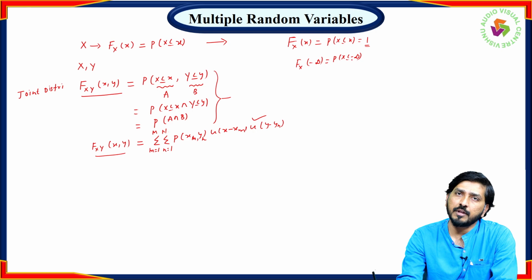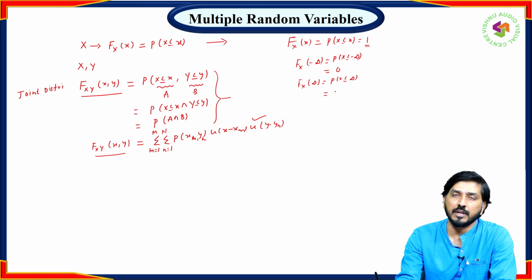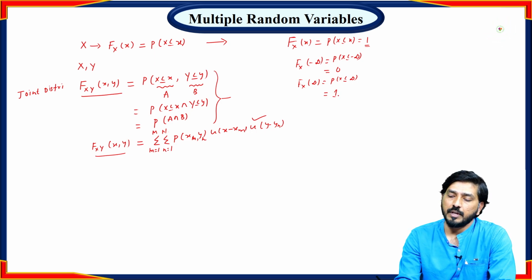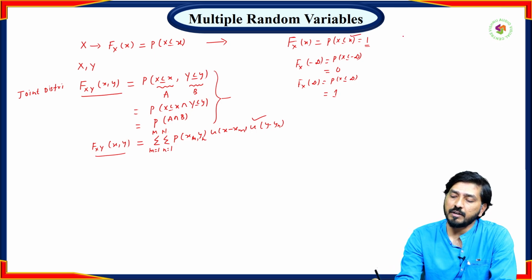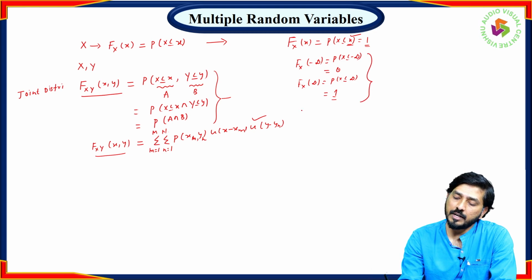There will not be any random variable before minus infinity, so we consider it as 0. And F_X(infinity), the probability of X less than or equal to infinity, is nothing but the complete sample space, which we consider as 1. If x is equal to minus infinity, it will be 0. If x is equal to infinity, it will be 1. Based on these two, the distribution function lies between 0 and 1.